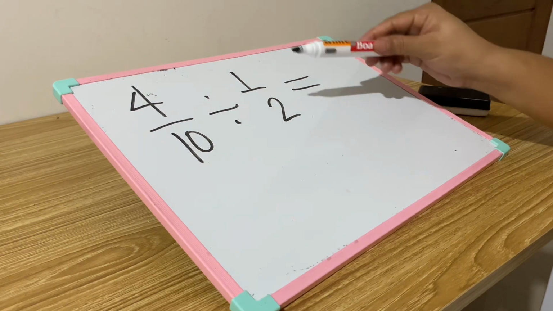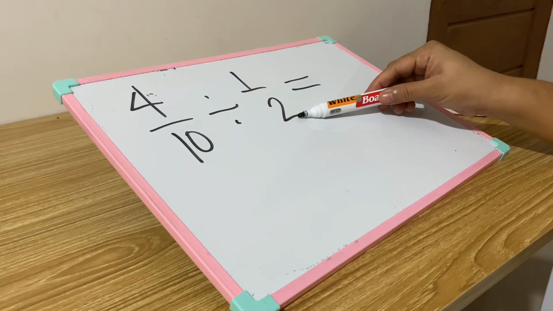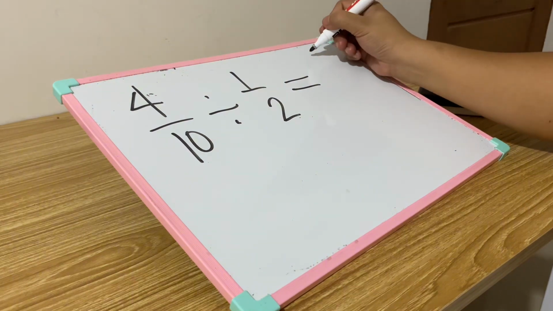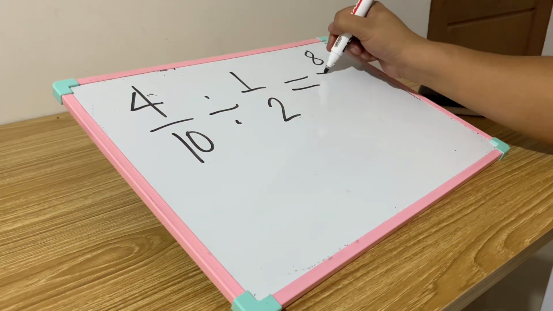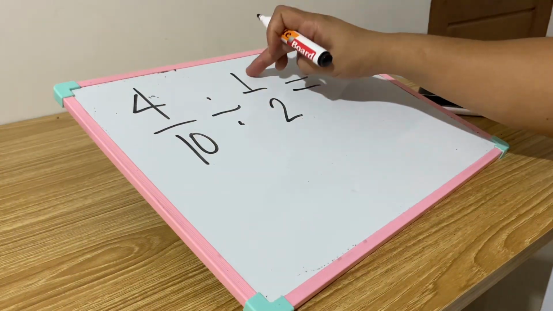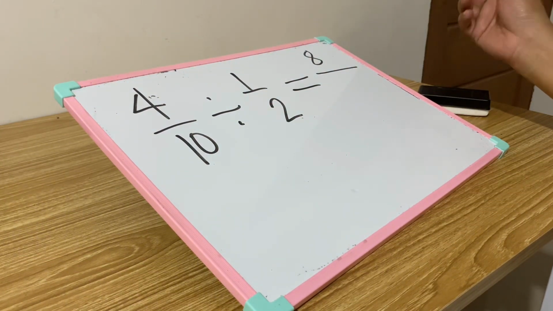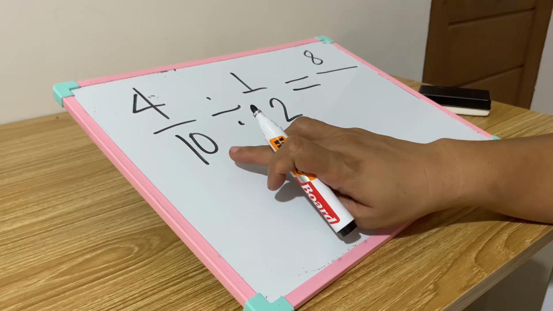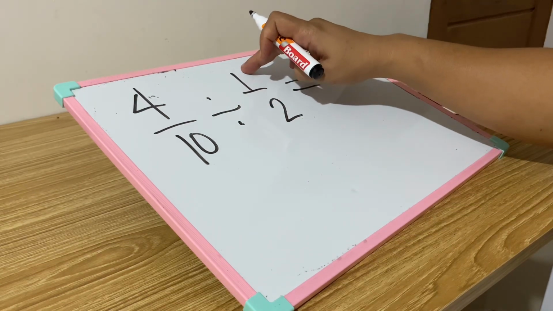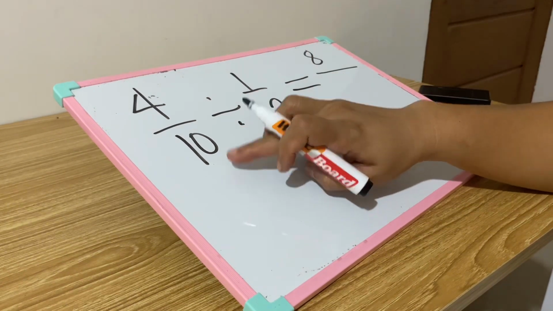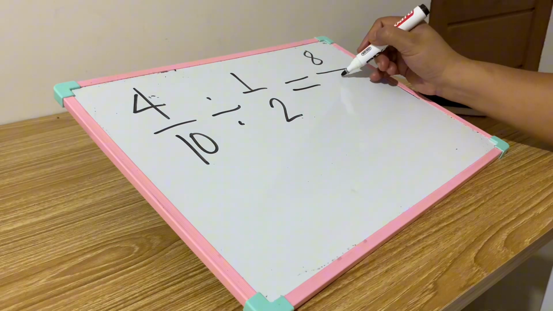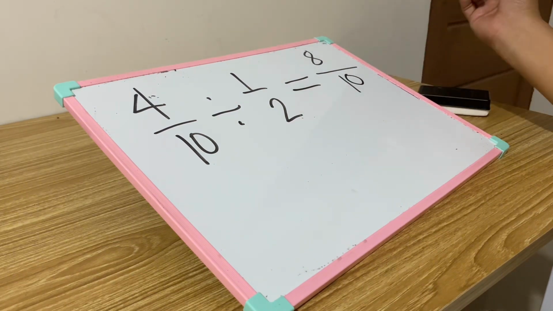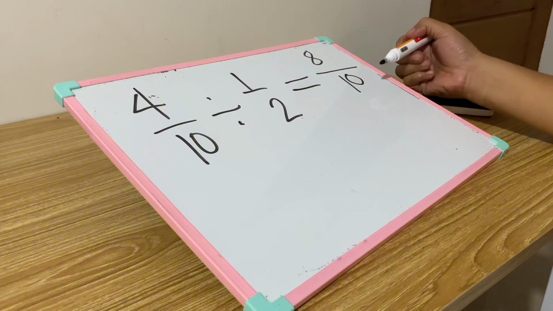So 4 times 2 equals 8. That will be our numerator. 10 times 1, you will multiply the denominator to the numerator of the divisor. 10 times 1 is 10. So 8/10 is the answer.